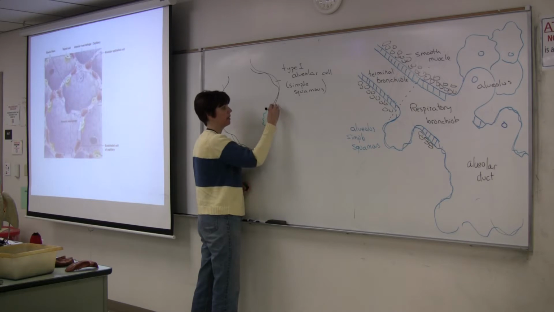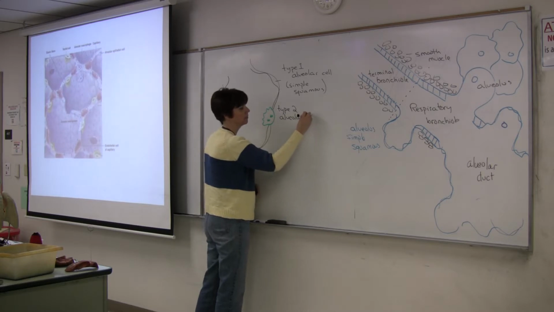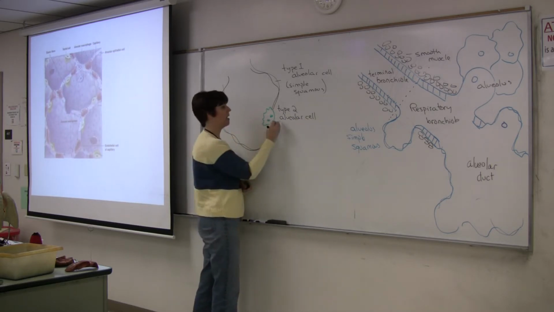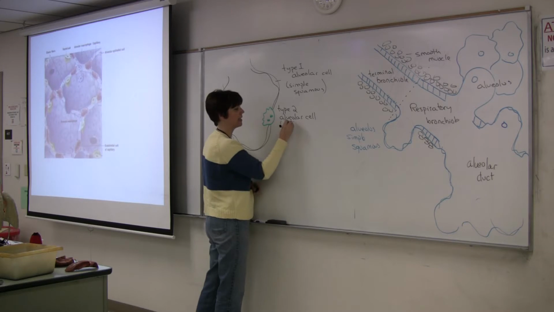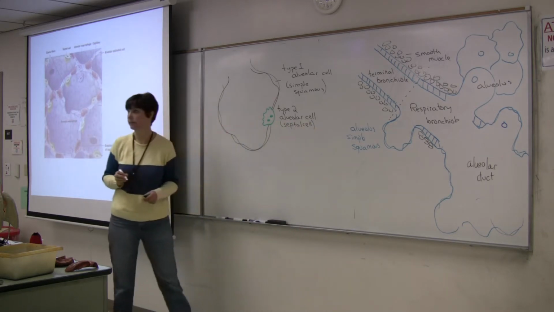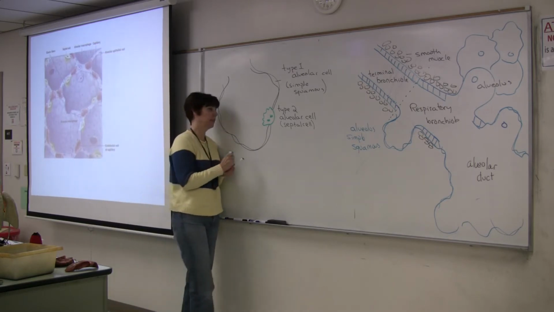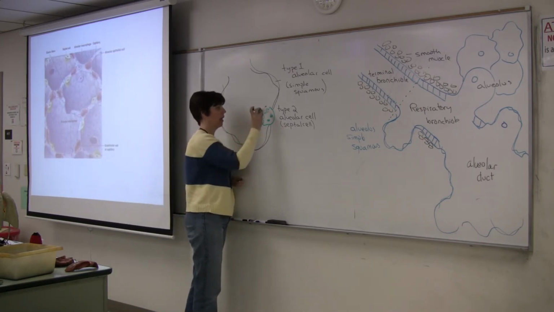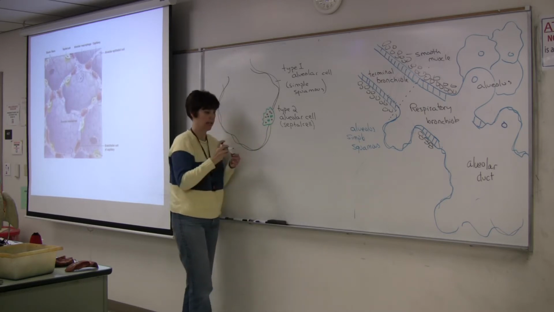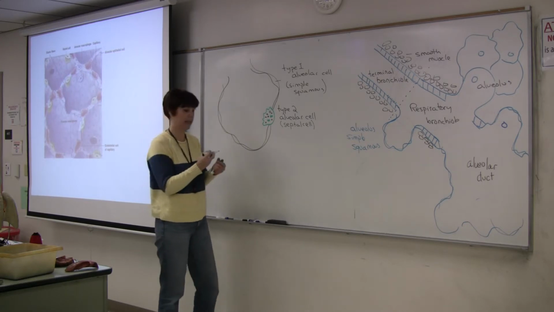I don't care whether you put the type 1 or type 2 in the front or the end of the term. And an older name for it is a septal cell. It has tiny little lipid droplets in it because it uses lipid as its precursor in synthesizing molecules known as surfactant.